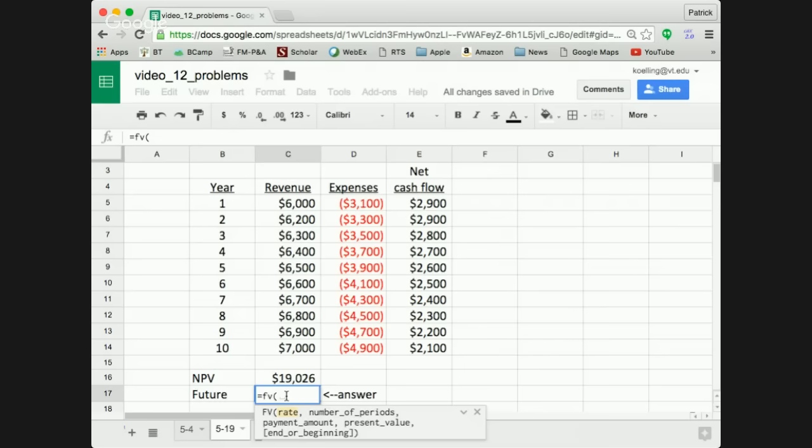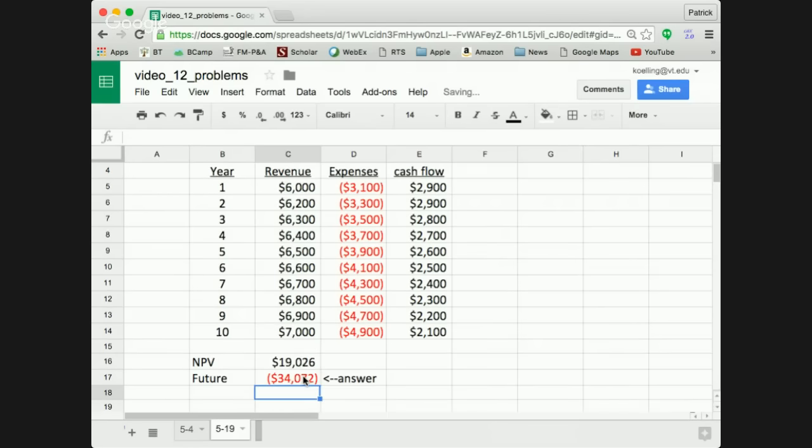Future value, the rate is the first argument, that's 6%. The number of periods we're moving ahead is 10. There is no payment amount, there's no annual uniform cash flow, just the present cash flow, which is right there. It's a negative 34,072. Notice that we don't want it to be negative.